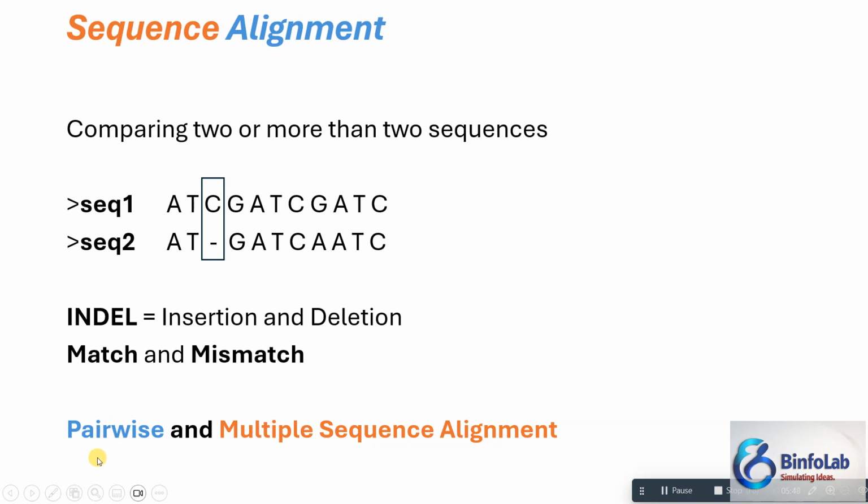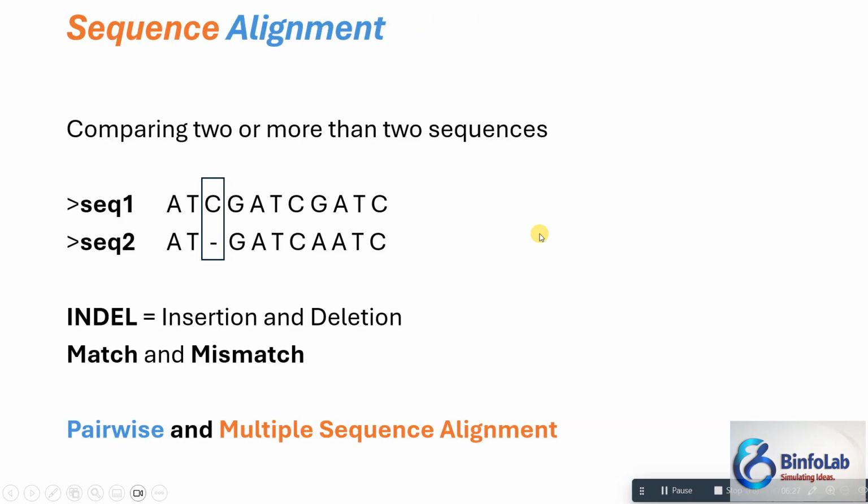But if your alignment contains more than two sequences, let's say 3, 4, 5, 6, 7, 8, and so on, in that case we call it multiple sequence alignment. So, from now on, if your teacher asks whether you performed pairwise or multiple sequence alignment, just think of the sequences you compared. If you compared only two, just say pairwise. If you compared more than two, just say multiple sequence alignment. Okay.